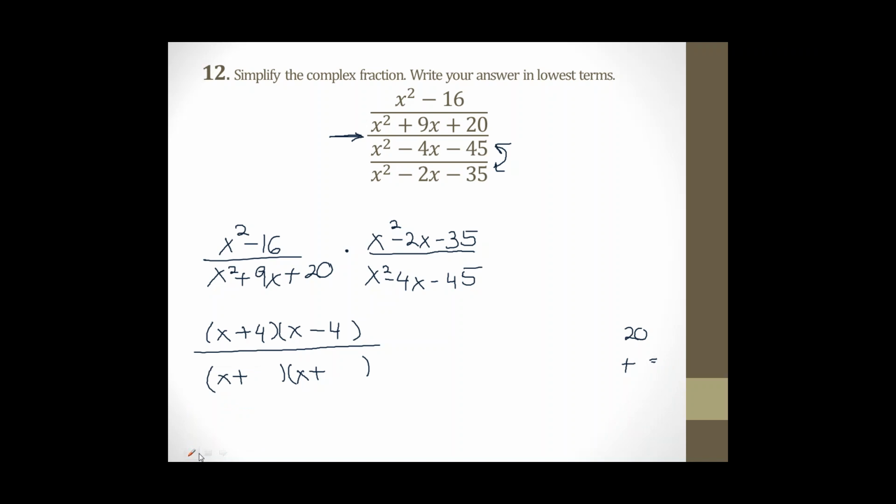So what are the factors of 20 that will add to give me 9? Somebody is working hard here. Okay, so we got 5 and 4. Nice. Thank you. And both of the signs are the same, so 5 and 4. Let's move on to the next one.